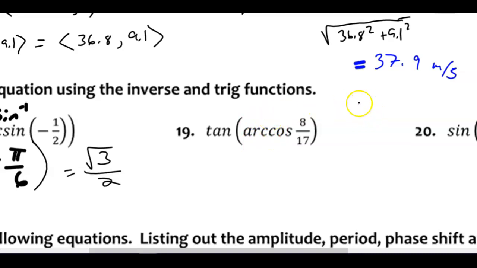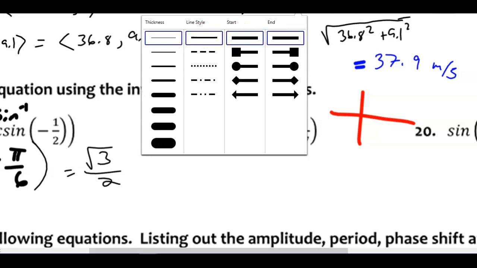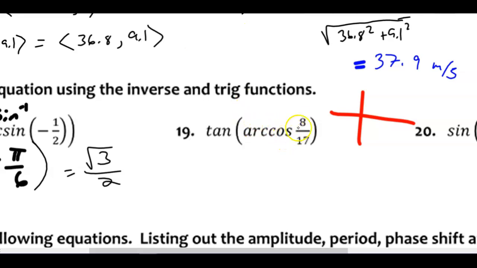For this one right here, this one is not on the unit circle, so I want to sketch it out so you can see. Cosine is 8 over 17, adjacent over hypotenuse. So if we use the Pythagorean theorem, a squared plus b squared equals 17 squared.